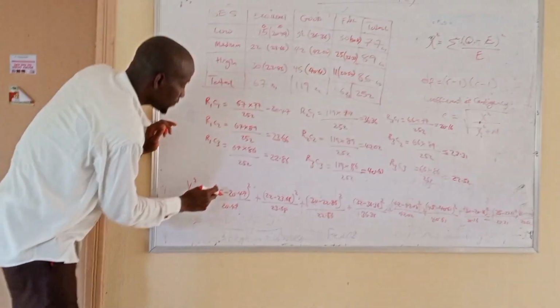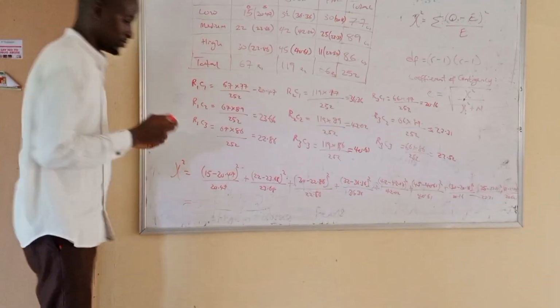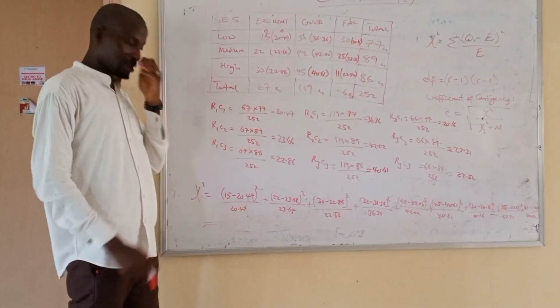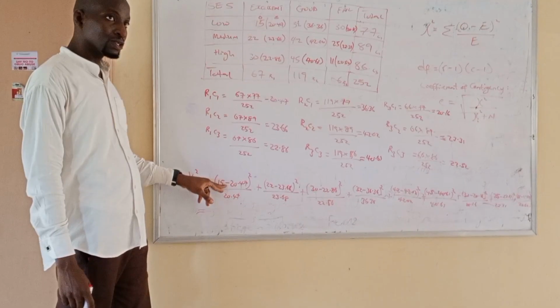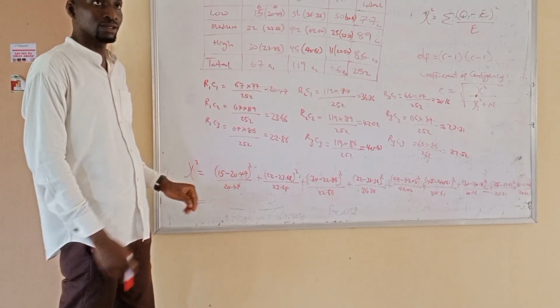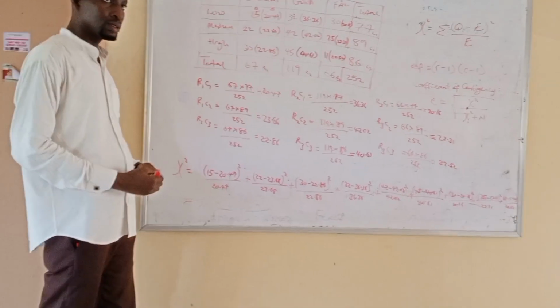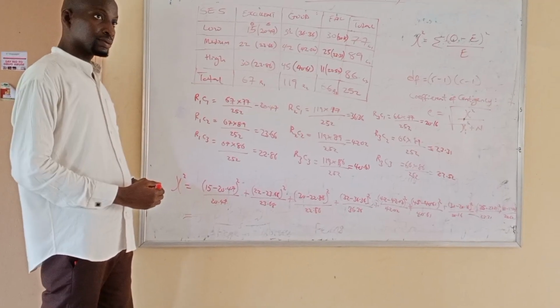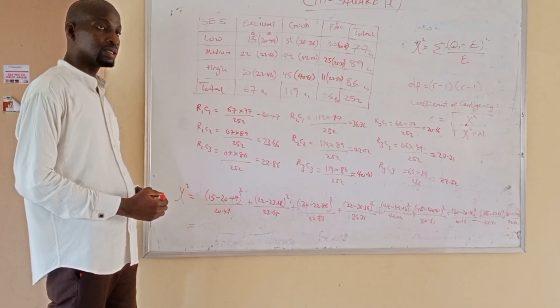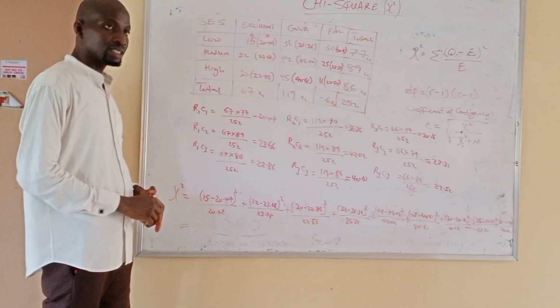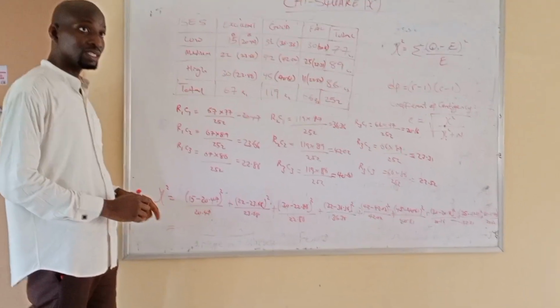So you have 15 minus 20.47. The value you will square it. Please do that. 15 minus 20.47. What do you get? 29.9. The value squared. Square it. How have you squared it?